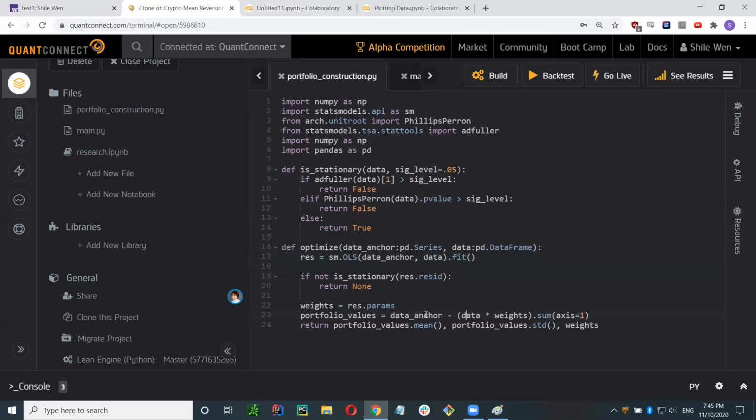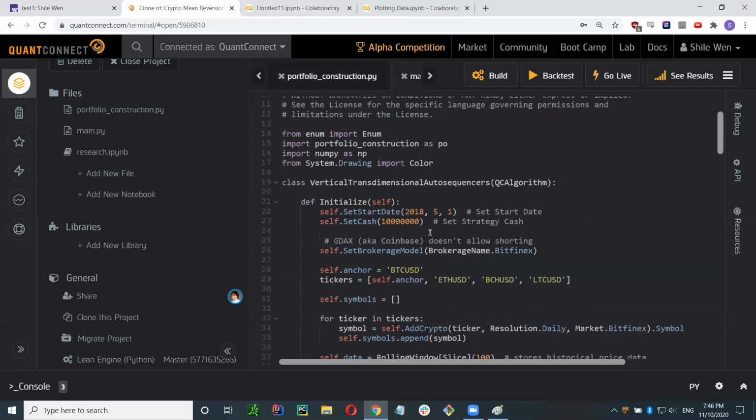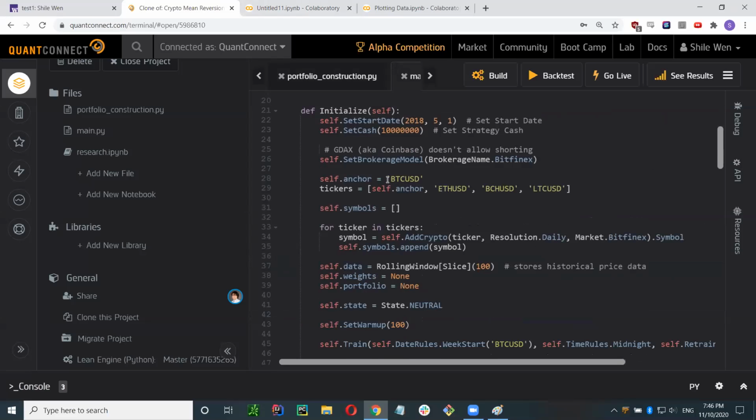So something we do here is we actually regress one time series against the other three time series. We have BTC, ETH, BCH, and LTC. What we do is we make BTC a linear combination of ETH, BCH, and LTC.